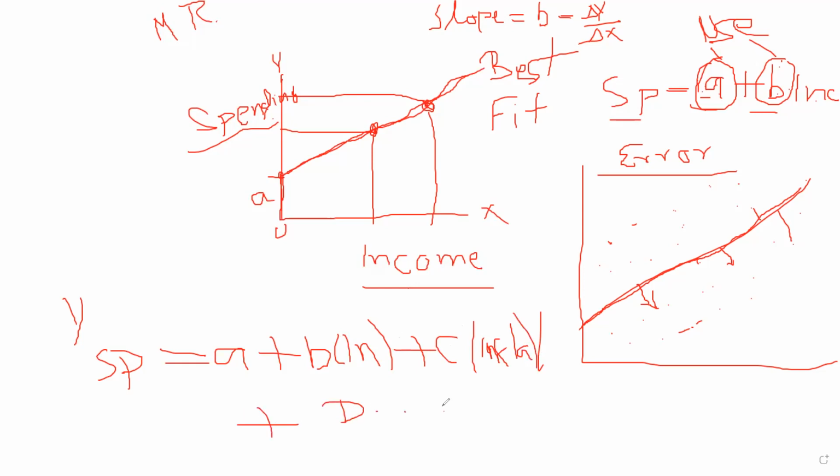So multiple regression means you have multiple independent variables. This is the clear difference between simple regression and multiple regression.